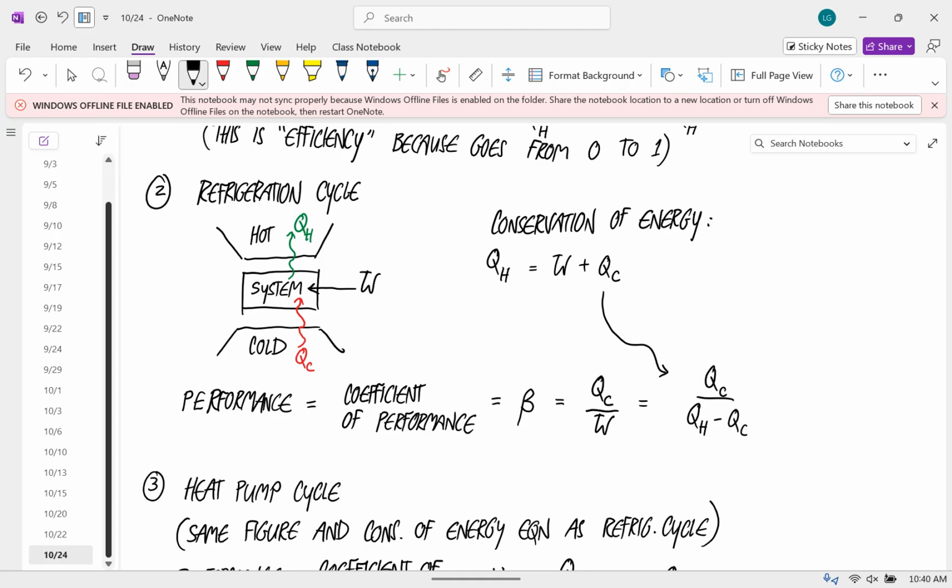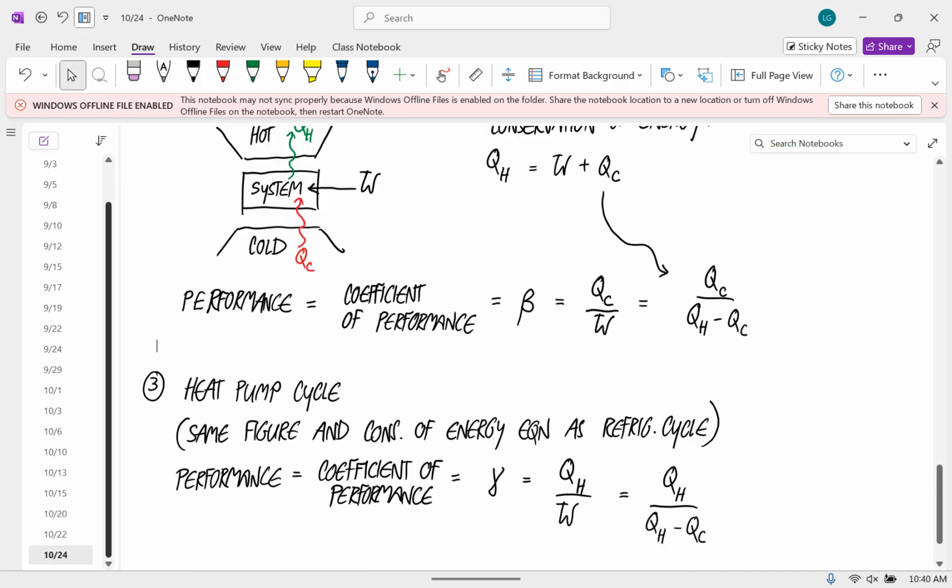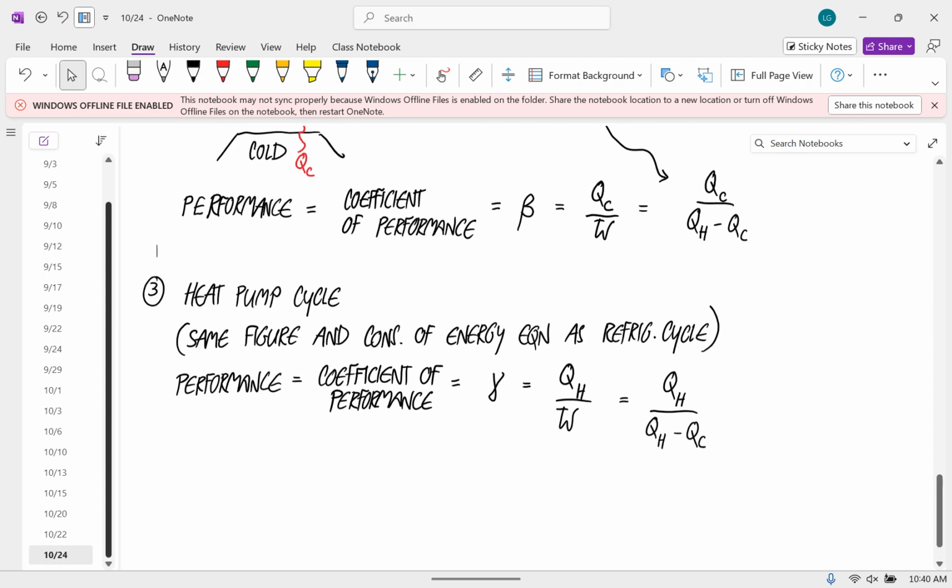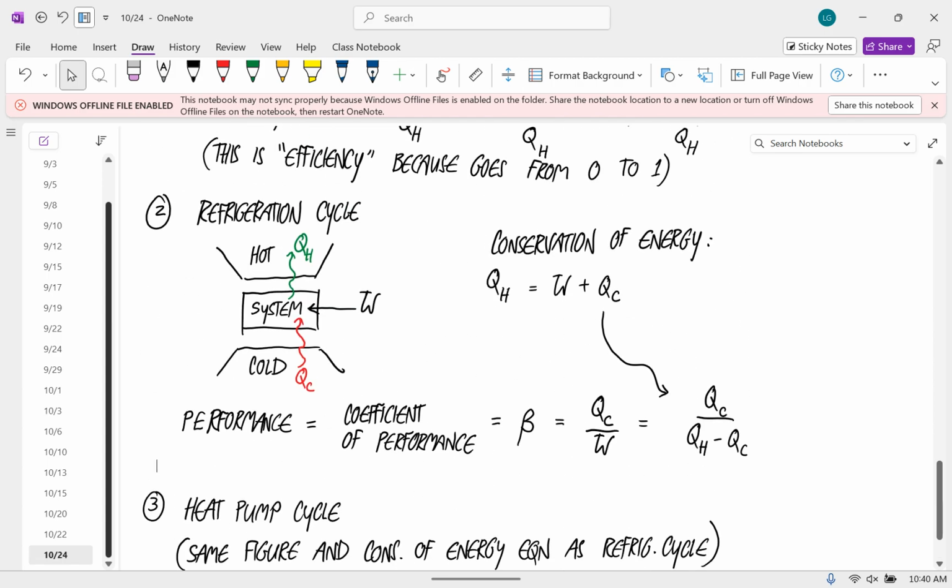There's no work done because that's what heat does spontaneously, it goes from high temperature to low temperature. Okay, so it's only in the case that in a refrigeration cycle, you're trying to pump energy as heat from a cold reservoir to a hot reservoir, and that's when you need work.